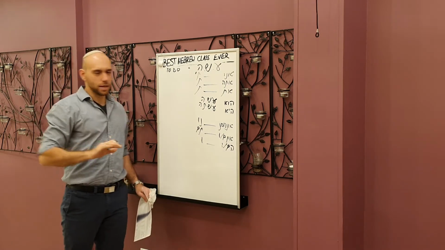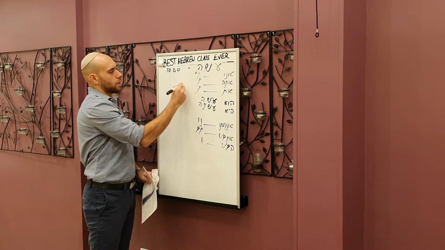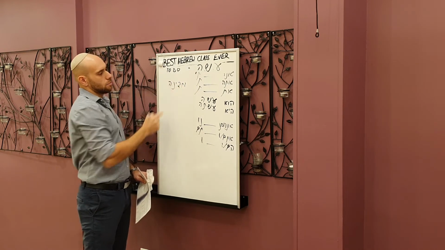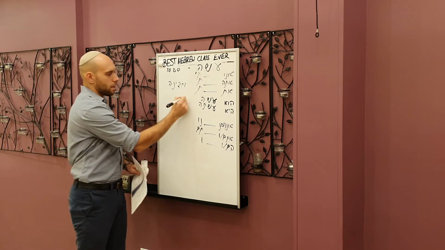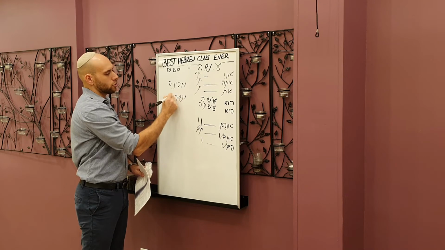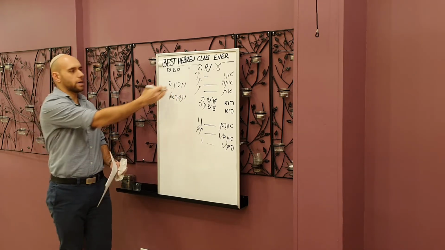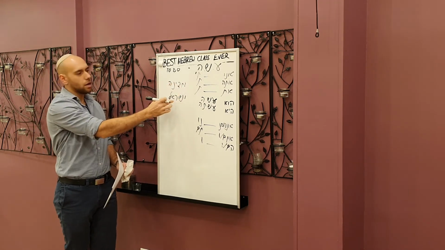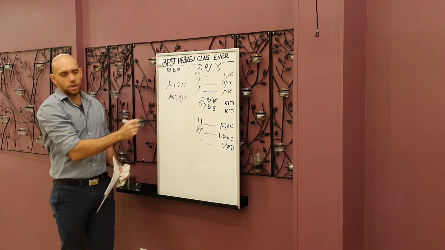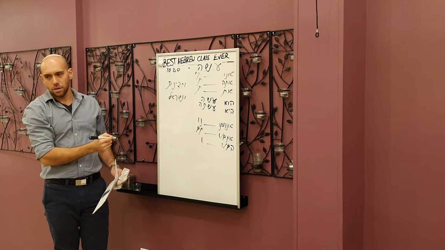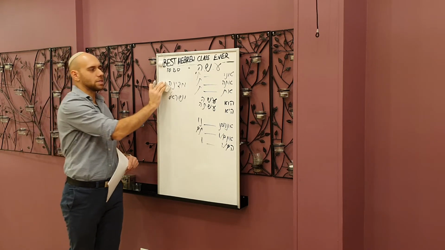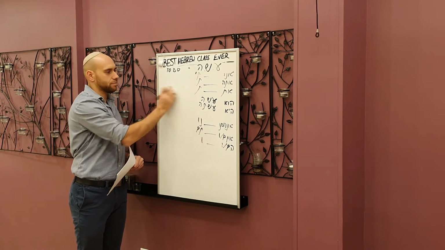Medina means state, but now you want to say state of Israel, so you add the word Israel to it. The "of" is implied in having two nouns back to back. But when you do that, you change this to a tav: Medinat Israel. This is a common thing that happens in Hebrew all the time. The same thing happens in Arabic as well.